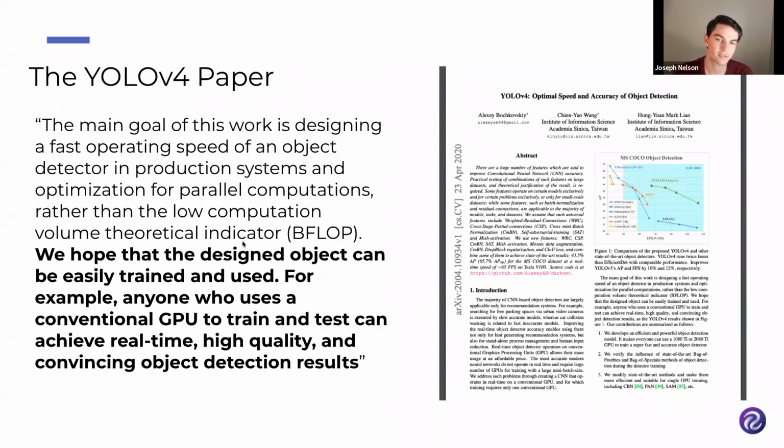Okay, so I was talking about how the YOLO family models was meant to be a place for dramatic improvement. So I pulled a quote here on the left-hand side from the paper. "We hope that the designed object detector can be easily trained and used. For example, anyone who uses a conventional GPU to train and test can achieve real-time, high quality, and convincing object detection results." And that kind of gets you to the ethos of this architectural family of being able to make things more approachable and easier.